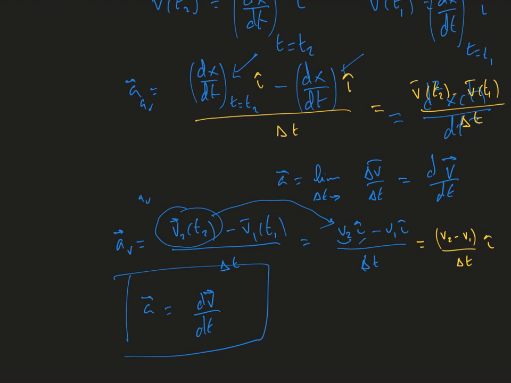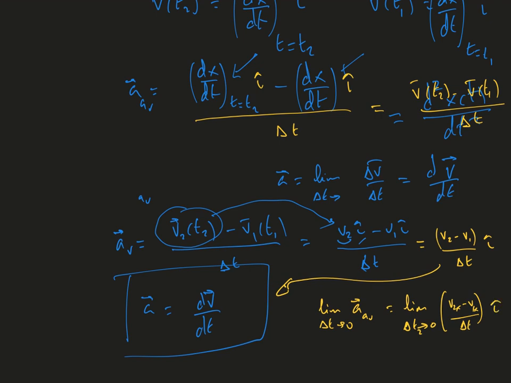So to find the instantaneous acceleration, this is the average acceleration, you take the limit when delta t tends to 0 of the vector A average. So when you take this limit of v2x minus v1x divided by delta t in the I direction, this part here is the derivative of v with respect to t.